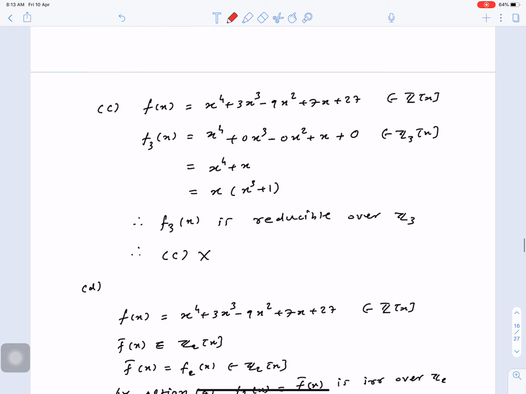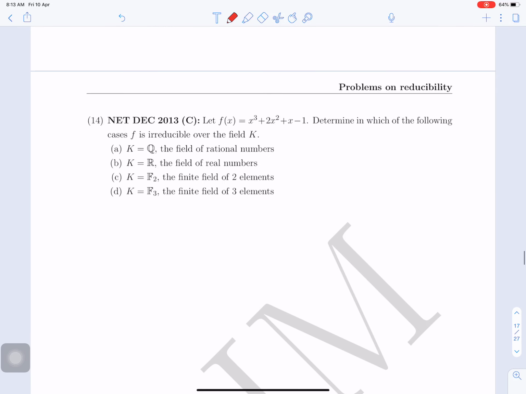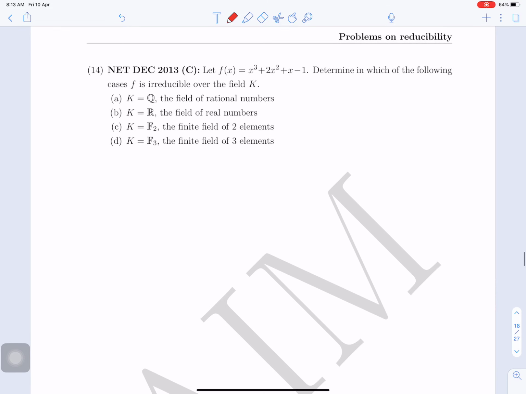So now problem number 14. Let f(x) is equal to x cube plus 2x square plus x minus 1.